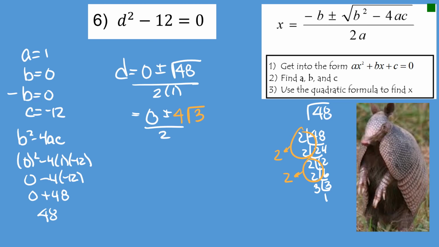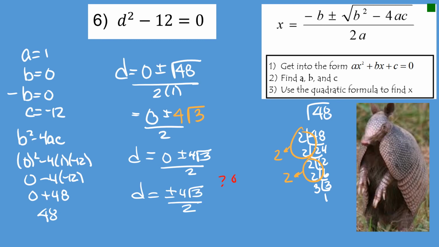It'll be fun, fun, fun. Okay, so now we have 0 equals, that's not 0, guys, that's an x. So x equals 0 plus or minus 4 times the square root of 3 over 2. We can get rid of the 0. We're just going to say plus or minus 4 times the square root of 3 over 2. Wait.